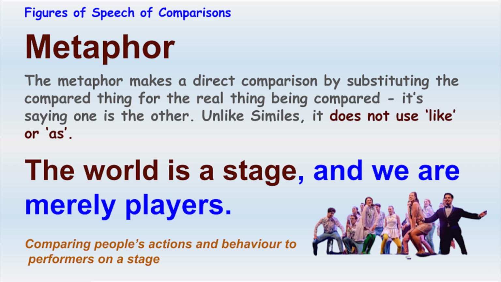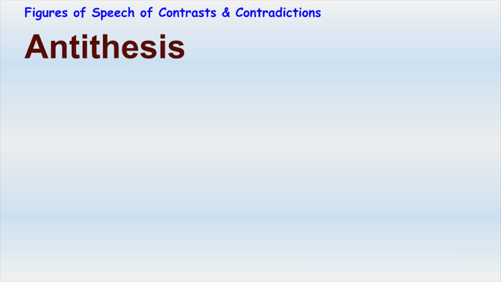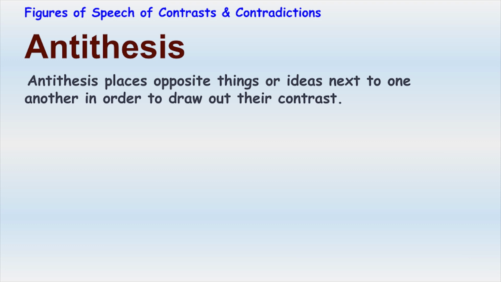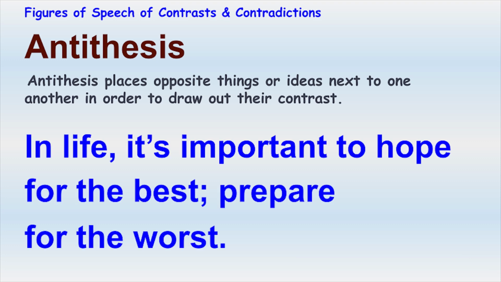Our next set are figures of speech of contrast and contradictions. Our first figure of speech in this group is antithesis. Antithesis places opposite things or ideas next to one another in order to draw out their contrast. For example, in life, it is important to hope for the best, prepare for the worst.